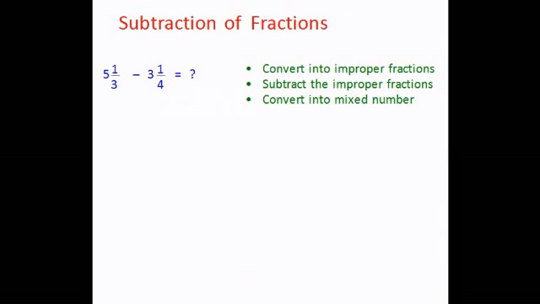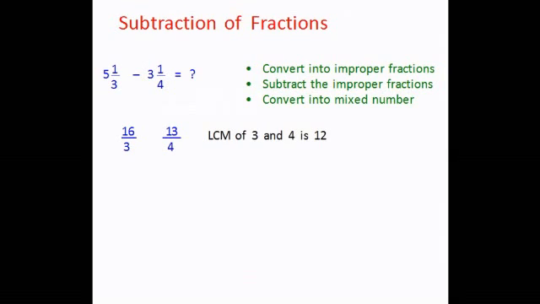Let's do this. 5 1 over 3, if we have to convert that into an improper fraction, we multiply the whole number and the denominator. So 5 3s are 15, and add the numerator. So 15 plus 1 is 16. So the improper fraction would be 16 over 3.